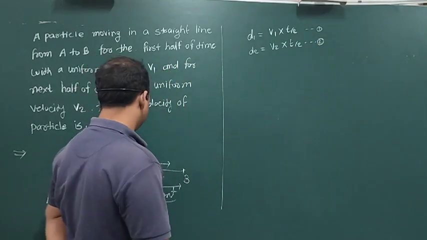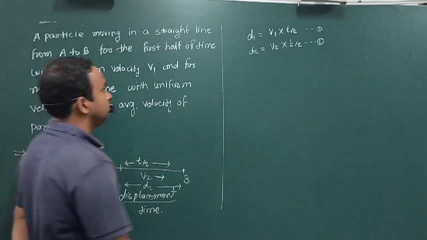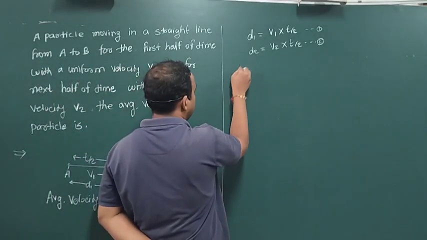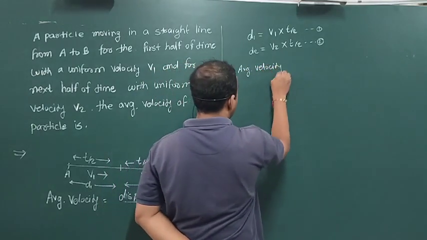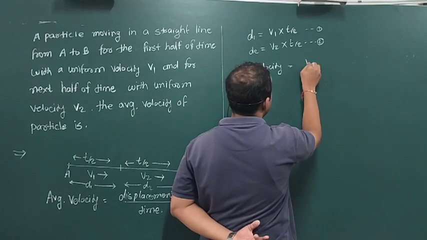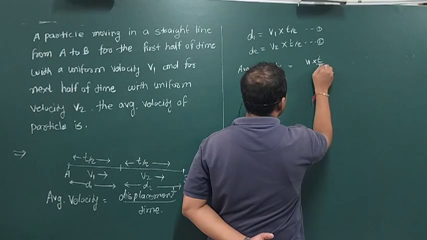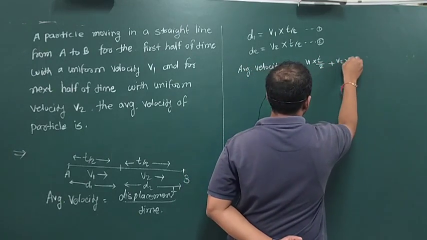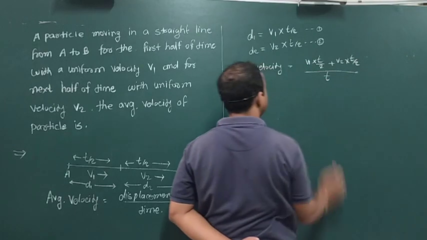Now we are substituting these values in the formula. Average velocity is equal to total displacement, that means v1 into t by 2 plus v2 into t by 2, divided by total time, which is t.